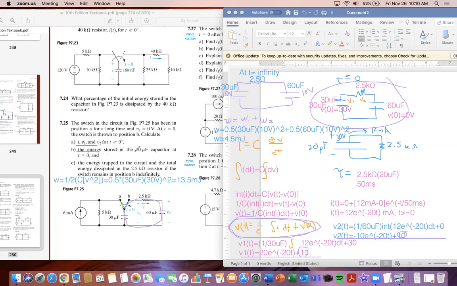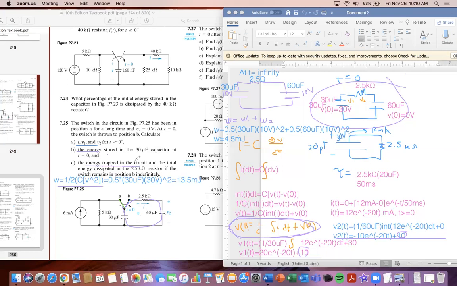The energy stored in the 30 microfarad capacitor was the W equals 1/2 CV squared equation. Then the energy trapped in the circuit is as time equals infinity. You have to look at that, and that would be the energy dissipated in the 2.5 kilo ohm resistors.